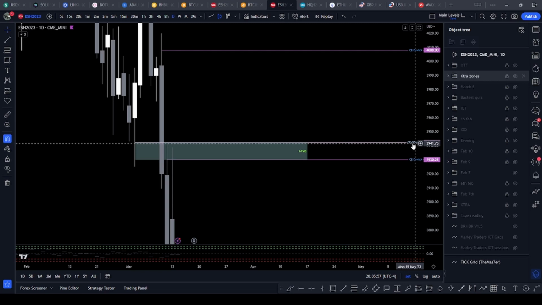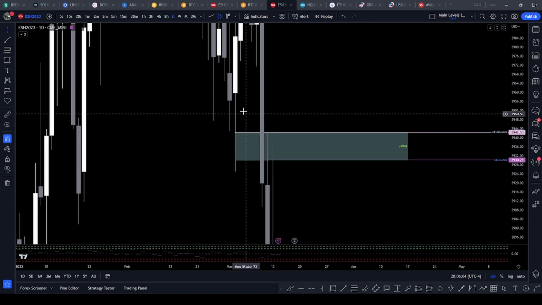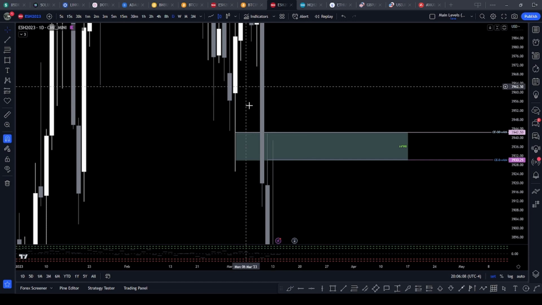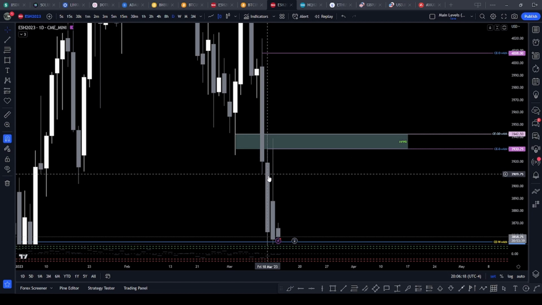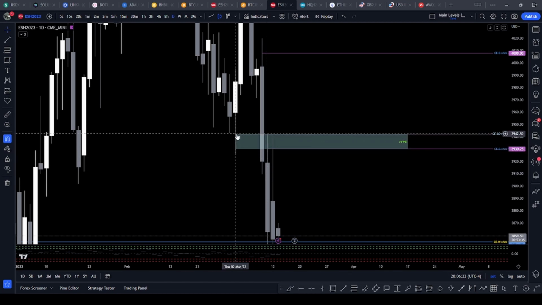Okay, so what this does is, this one is an older one. If you see this happening on the left, you mark it out. Nice, old. And then there is another wick here, and then you mark it out. The space between this one and this candle, put a box there.